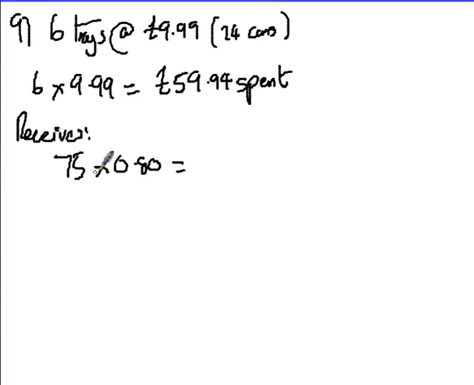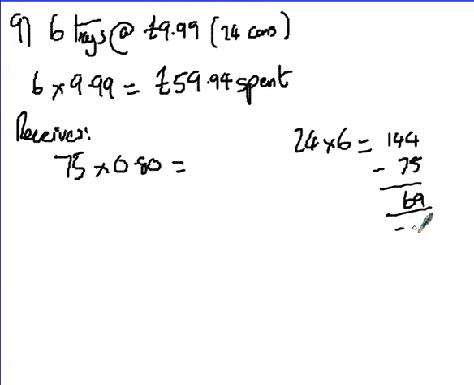And then the rest. Well, what is the rest? Let's work out the rest here. Well, it's 24 cans times by 6. So 24 times 6 is 144. So if we then take away 75, which is already sold, that gives you 69, but you also have to remember, if you read the question, he also gives 10 cans away to his friends. So he's then got 59 cans left, and he sells them at 50p.